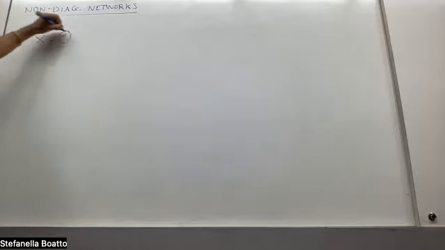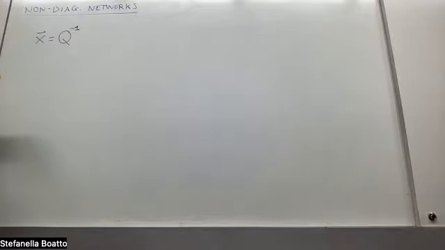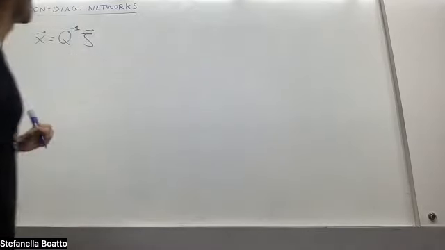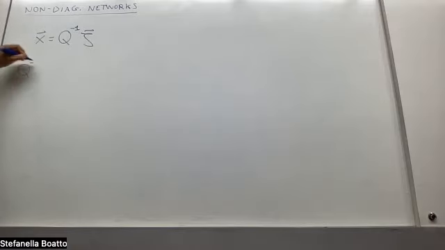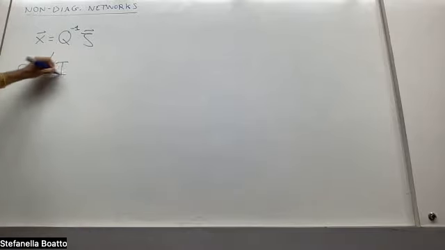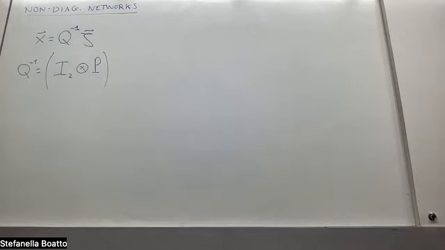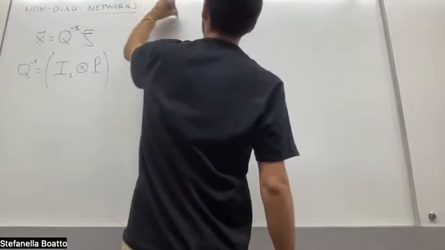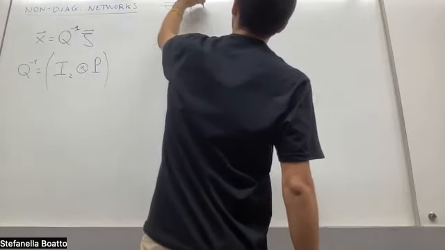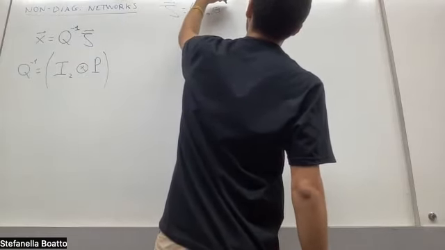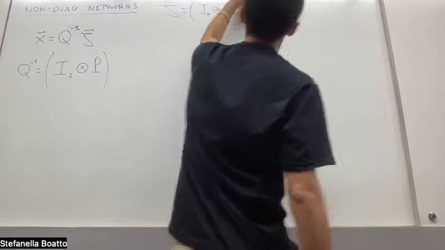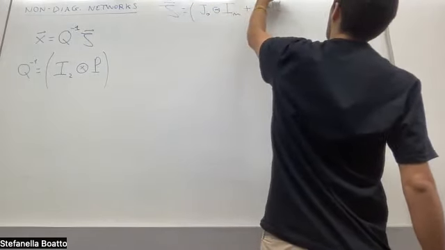So x equals Q minus 1 z, where Q minus 1 is equal to the identity 2 times 2 Kronecker product with P. And now I erased what I needed, so I will rewrite it: J0 in plus D L.